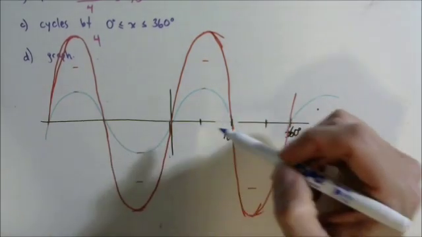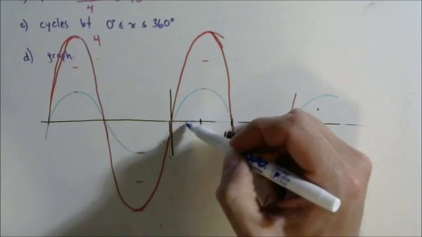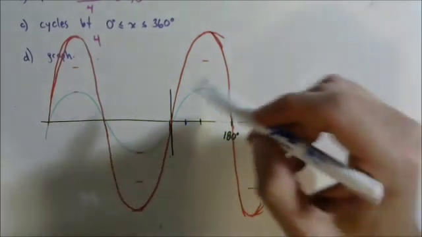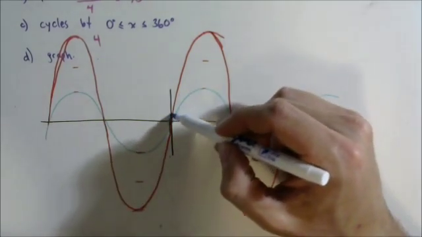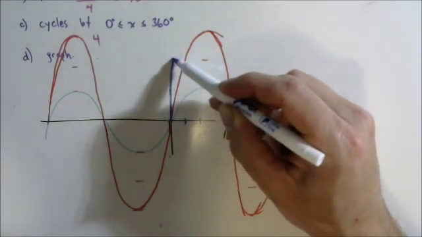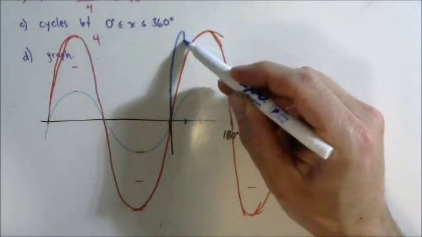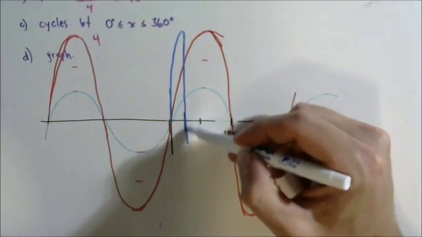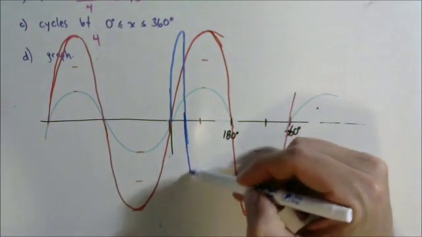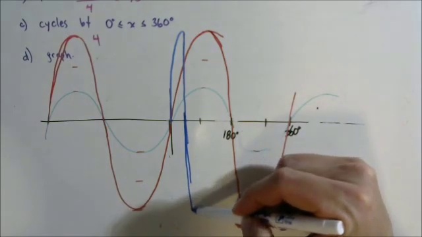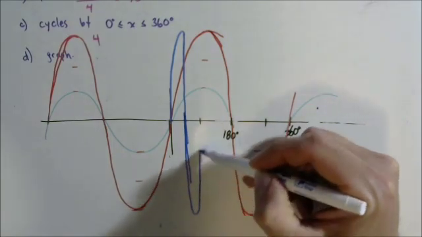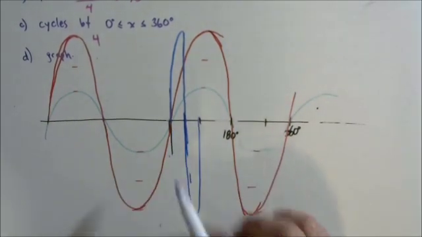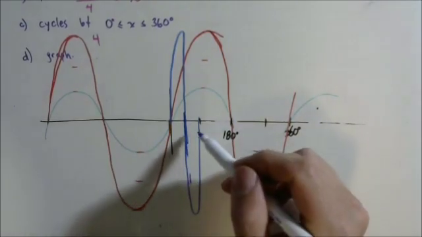So between 0 and 90, at 45 I'm going to have gone all the way up to +3, then down through the point at 45, down to my -3, and then back up to 0, all by the time we get to 90 degrees.